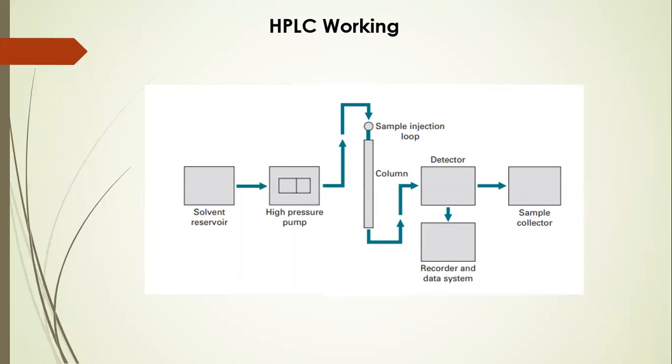Several types of detectors are used in HPLC, like the UV detector, as we already discussed, refractive index detector, fluorescent detector, and mass detector. These detectors are connected with a computer, which collects the information. As the molecules get separated, the detector detects the sample and a peak is obtained on the computer.